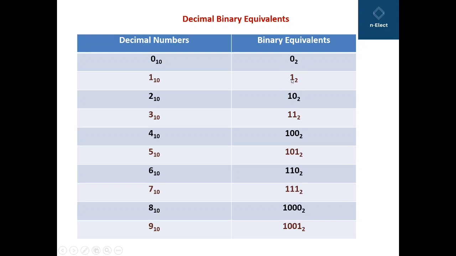Thereafter, the next number in binary will comprise 0s and 1s only. Therefore, the next number will be 1 0. Thereafter 1 1 comes, thereafter 1 0 0 comes, and these numbers are the equivalents for 2, 3, 4, 5, 6. Similarly, for 9, you will get the binary equivalent 1 0 0 1.